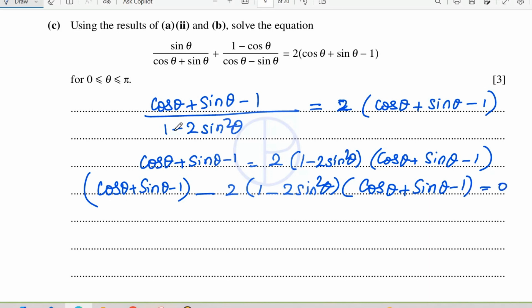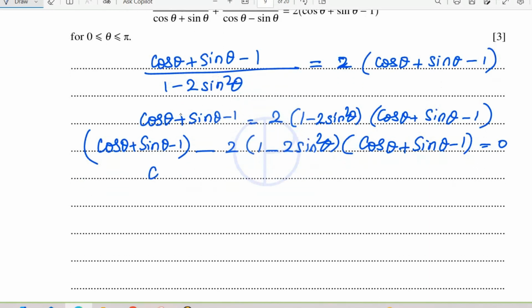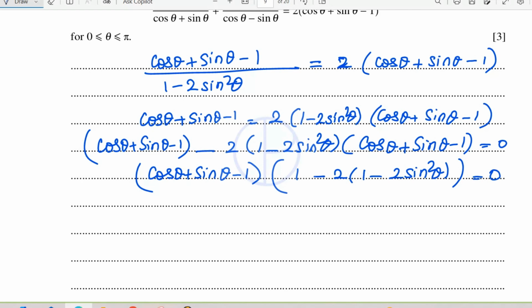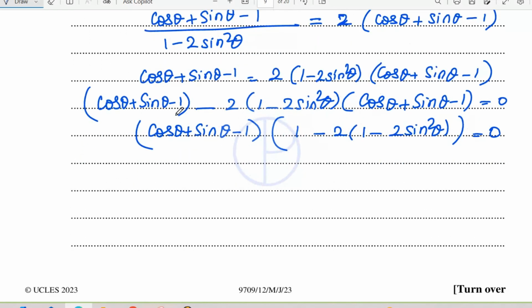So from these two terms, take cos theta plus sin theta minus 1 commonly. So we get 1 minus 2 times 1 minus 2 sine square theta, which is equal to 0. So cos theta plus sin theta minus 1 multiplied by 1 minus 2.